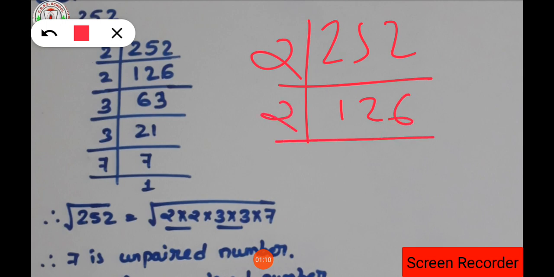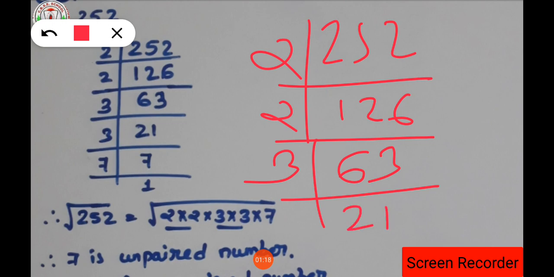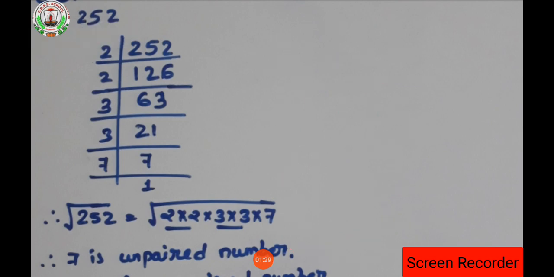Again 126 goes in the table of 2 how many times? 63. Again 63 goes in the table of 3 how many times? 21 times. And 21 goes in the table of 3 again 7 times, and again 7 goes in the table of 7 how many times? 1 time. Clear? So these are the factors we have to find.